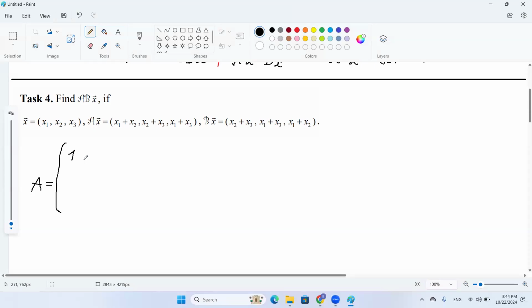Don't confuse it with the transition matrix, because for the transition matrix we write vectors of other bases as columns, but these elements of the vector we write as rows. So we have x1, x2, but no x3. So here is 0. So we write the coefficients before x1, x2, and x3. So 0, 1, 1. And here 1, 0, 1.